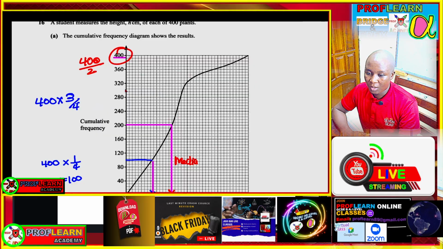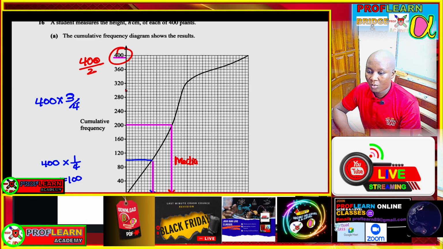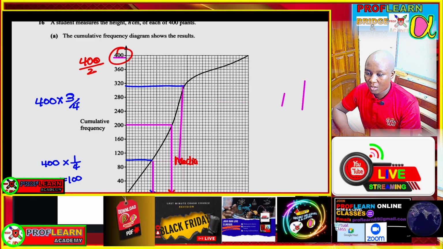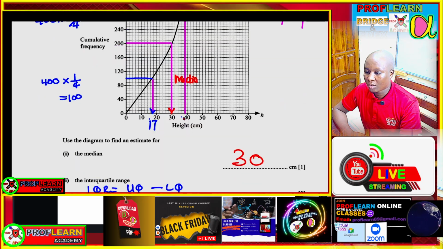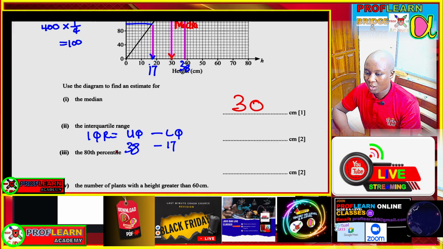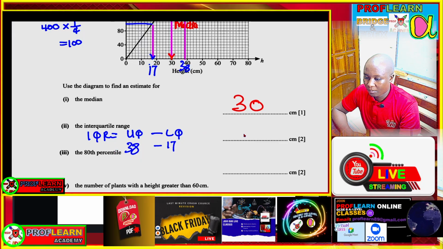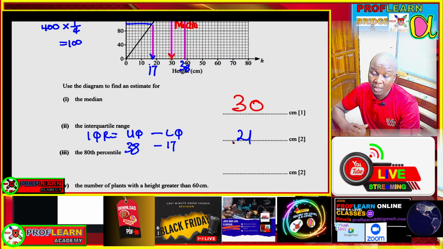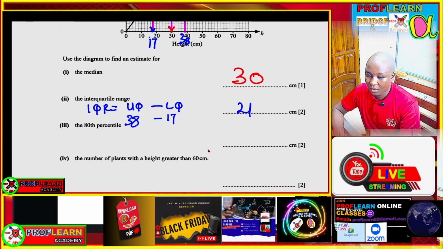That's going to be 3/4, or 75% of the data. Then you read it here, and you have to ensure that you accurately read that, and then you subtract the two. So if you subtract, you're going to get around 21. But I believe when you'll be doing it, you'll be a bit more accurate than mine.